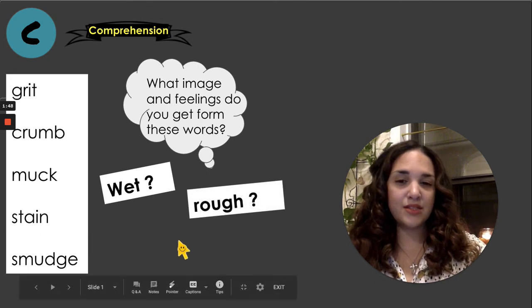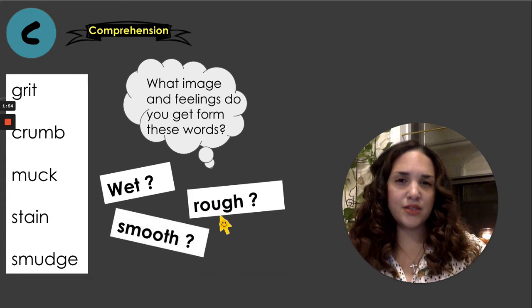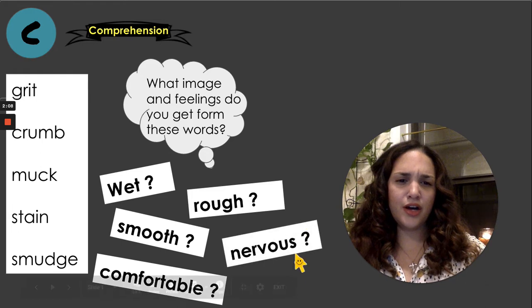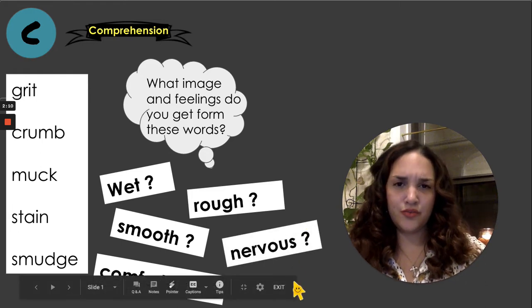Maybe something that's rough? What about smooth? All right, how are you feeling about these words? Do you feel comfortable when you read these words? Or are they making you feel a little bit nervous?